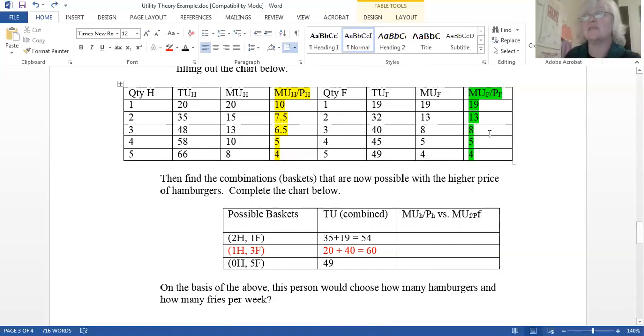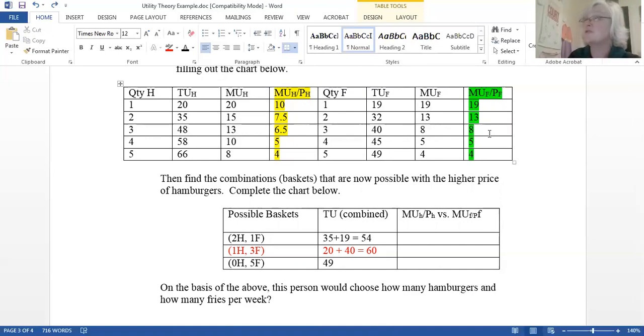Now I'm sitting here on my plate with 2 fries and a hamburger, and I've spent $4: $1 each for the French fries and then $2 for the hamburger. Remember, the price of hamburgers went up. So at $4, I only have $1 left.